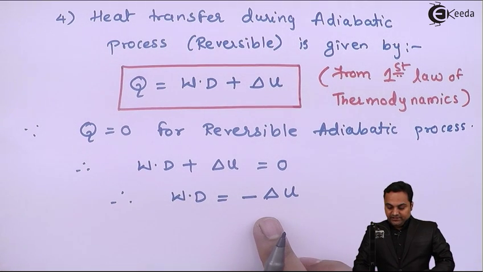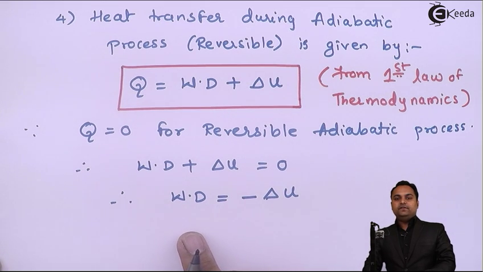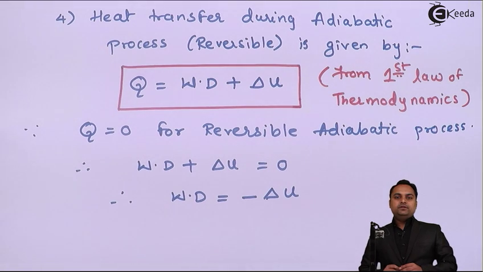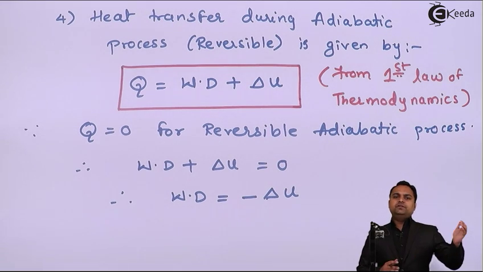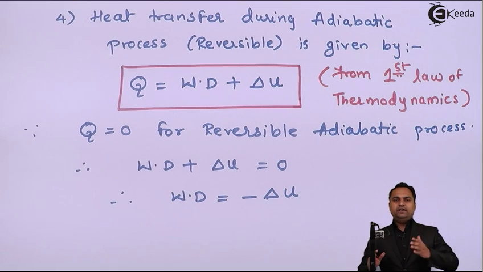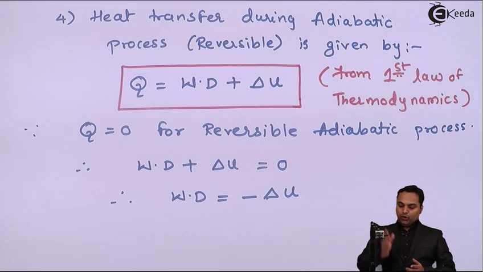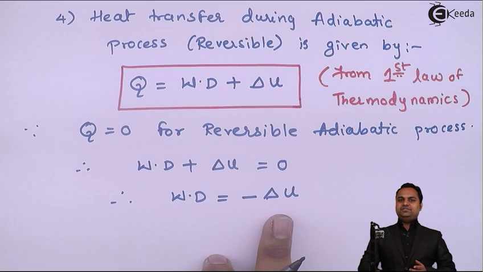It means if the internal energy decreases, then the work done increases. So that is a case of expansion, that is when the gases are expanding, the internal energy of the system decreases, but the work done on the piston, external work which is provided by the gases, that work done increases. So there is increase in work done with decrease in internal energy.